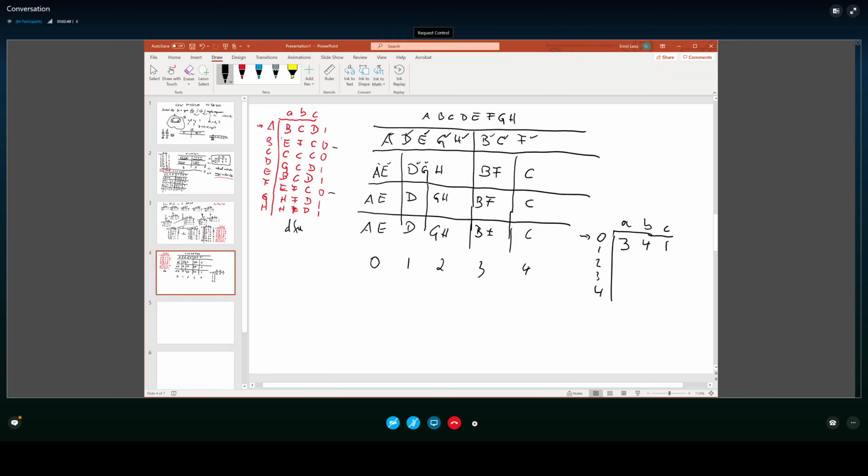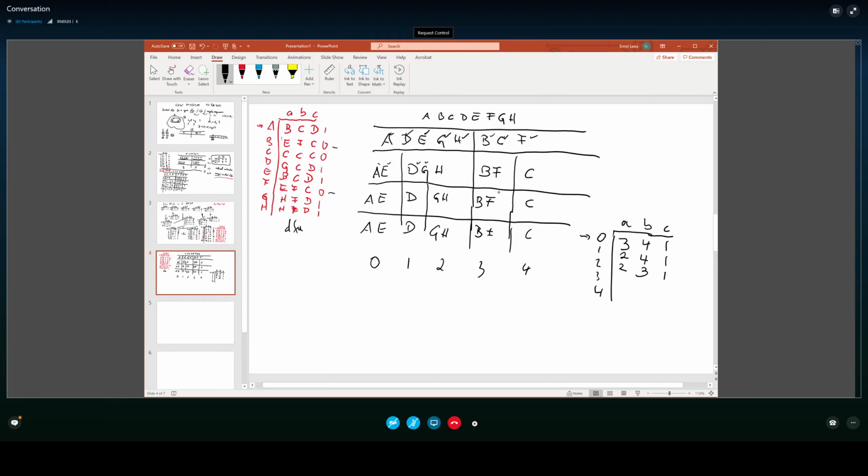B, C, D, B, C, D. And then 1 is D, D is G, C, D. G is 2, C is 4, and D is 1. And then 2, I pick either one, G or D, H. It's H, F, D. H is 2, F is 3, and D is 1.